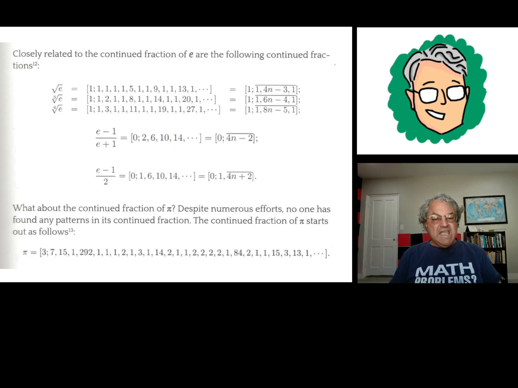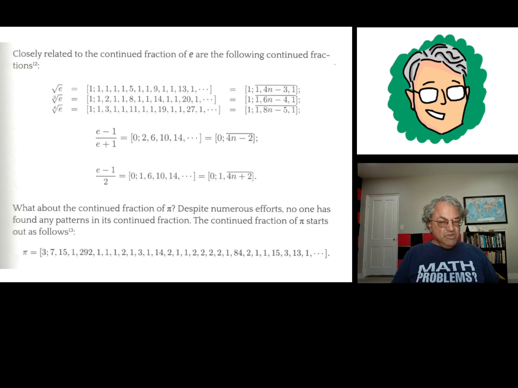But what about pi? You might think that if all these numbers involving e have this kind of simple form to their continued fraction, pi would as well. But as far as anybody knows, it doesn't. Look at the continued fraction of pi. This is, I think, the first 30 or so coefficients. They don't seem to have any pattern to them, really.